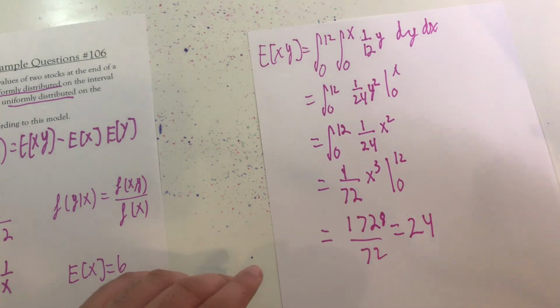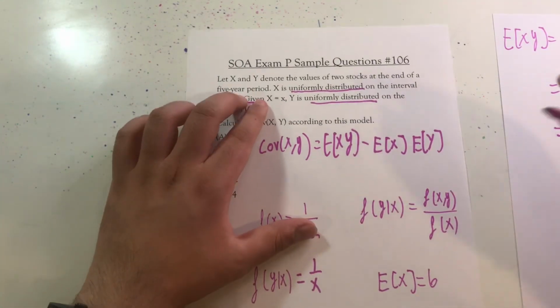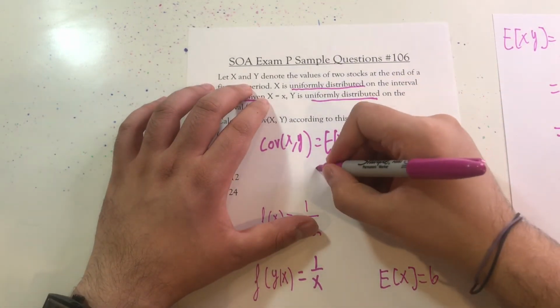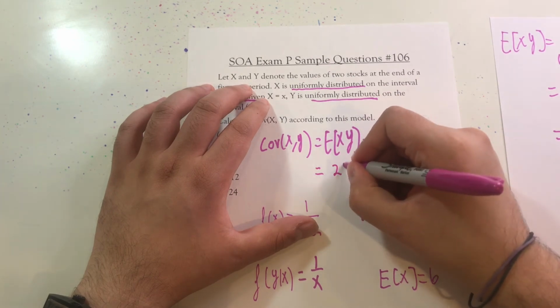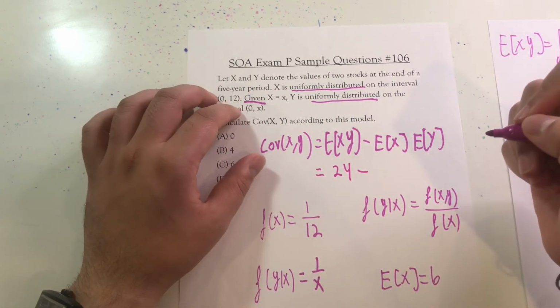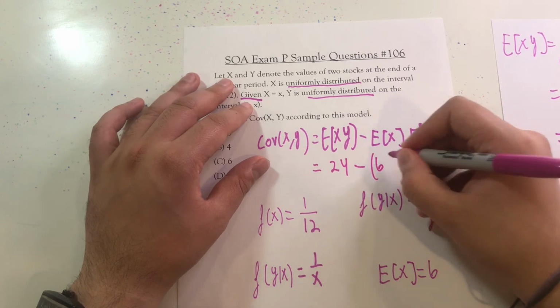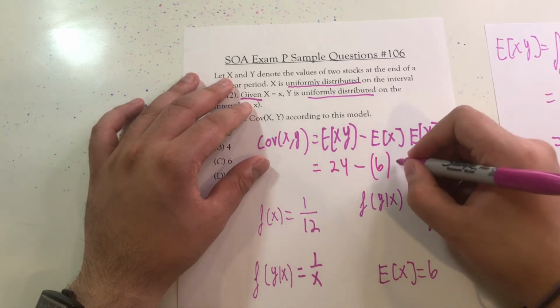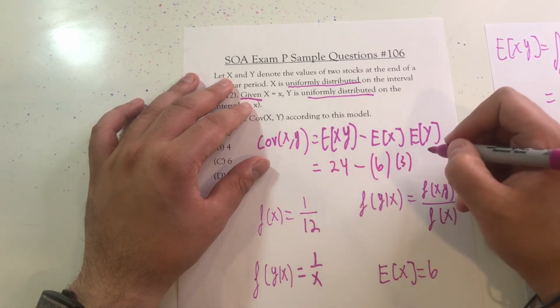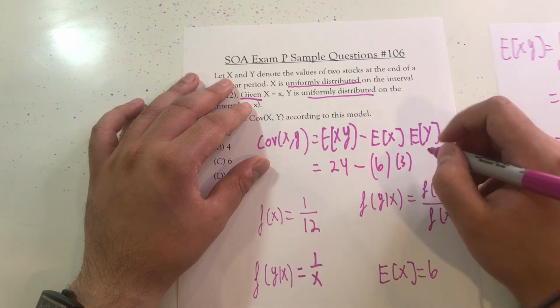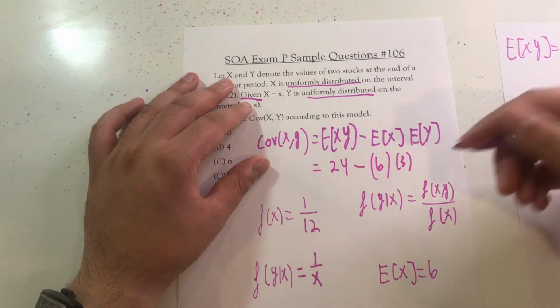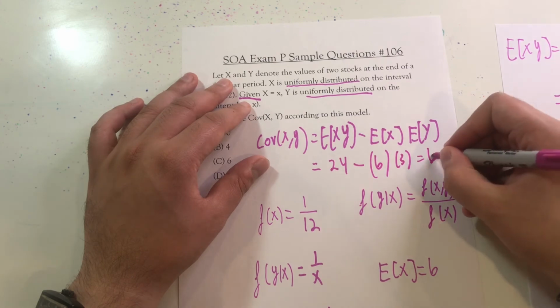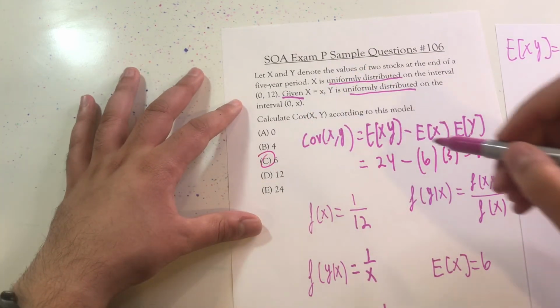Okay, now we can calculate the covariance. So, expected value of xy is 24. The expected value of x we found to be 6. Expected value of y we found to be 3. So this becomes 24 minus 18, which equals 6. And that matches up with answer choice C.